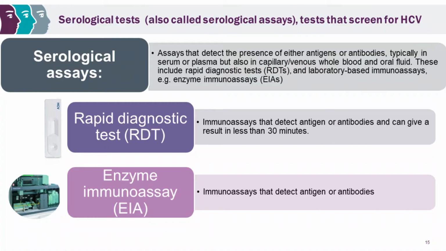Usually apply a buffer, wait the specified time as per the manufacturer's instruction, and then the results would come down here, and you would read the results of the test. The other way that you can do serological testing is EIAs, and these are enzyme immunoassays that detect antigens or antibodies. Now these ones are usually larger machines wherein multiple samples would go in and be read for results.